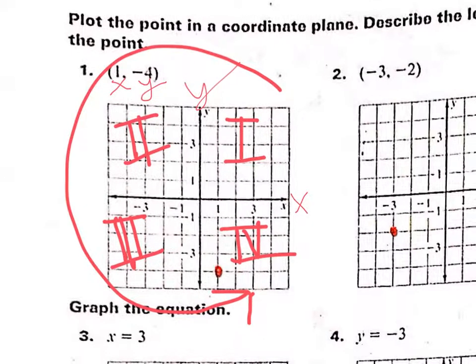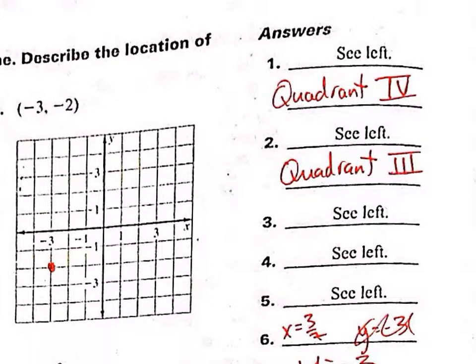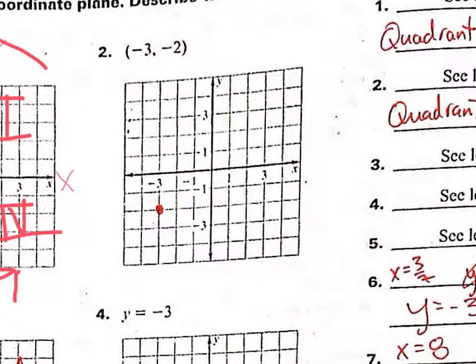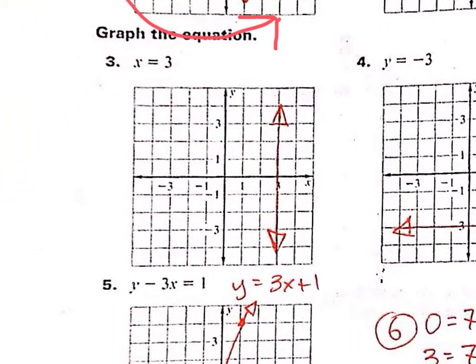So our answer is we plot the point, and then we say that was in quadrant 4. Number 2, (-3, -2) is like that, and this is in quadrant 3. Okay. Next up, graph the equation.